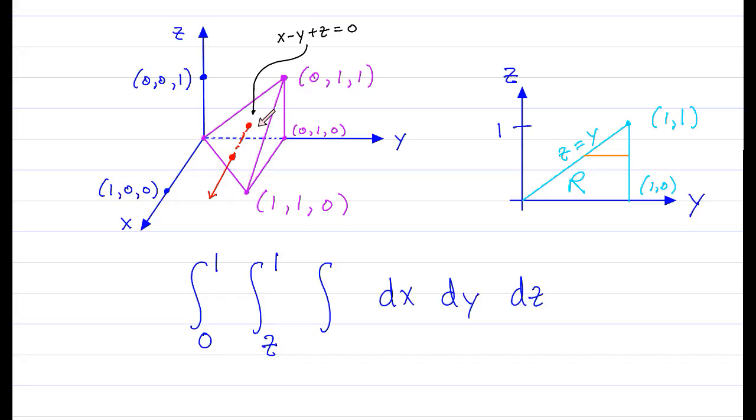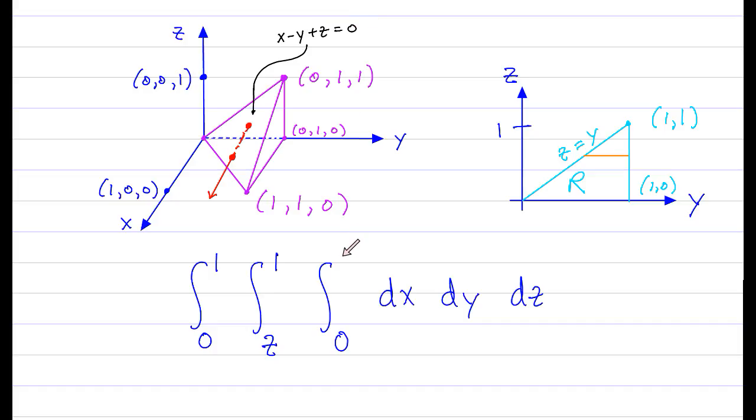Well, x starts at 0. That's what that dot is. So I'm just going to put 0 on my integral. This dot tells me the biggest value of x along this ray. How do I get that? Well, I know my equation of the plane. Solve this for x. That's going to tell me my biggest value of x, which you can see is just going to be y minus z.